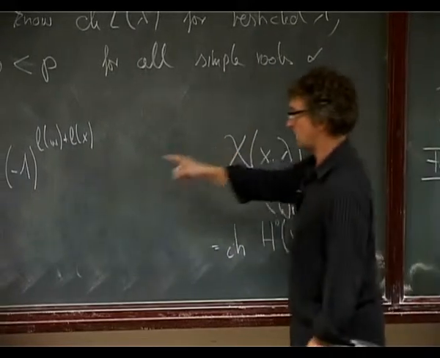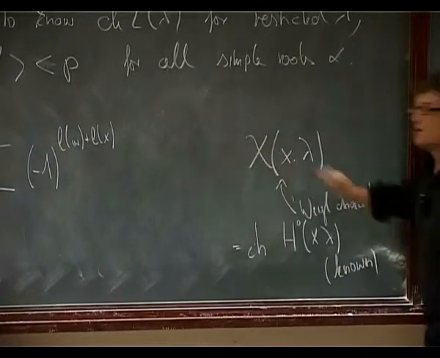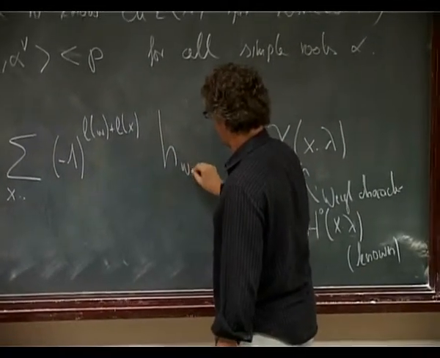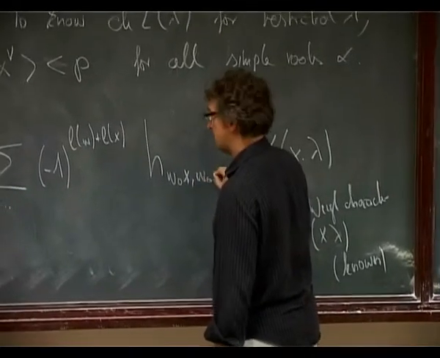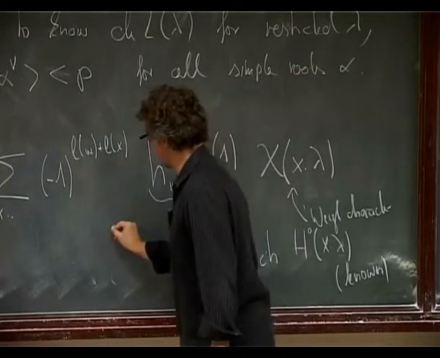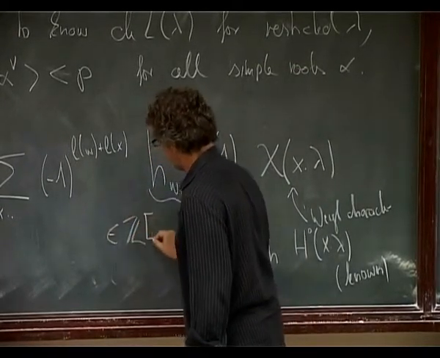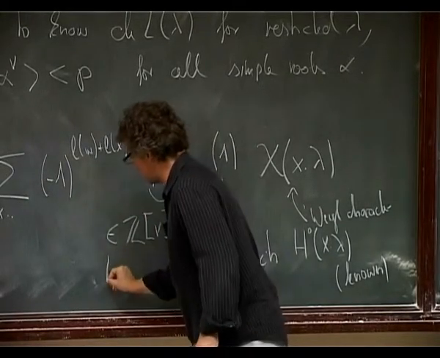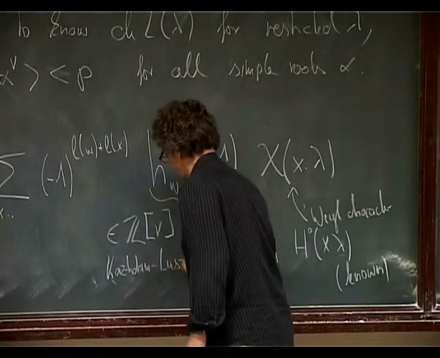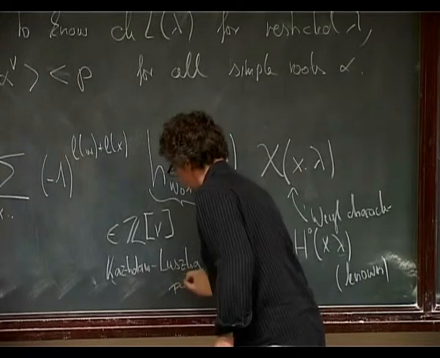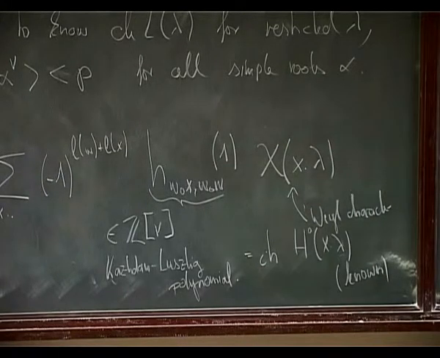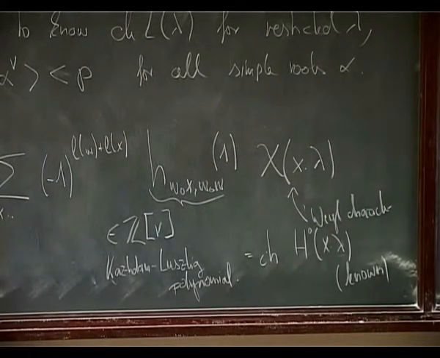So this is an alternating sum of known characters, and there's a certain weight, and it's w_0 x, w_0 w, evaluated at 1, and this h here is a polynomial in one variable, v, and it's called a Kazhdan-Lusztig polynomial. So this is Lusztig's character formula.